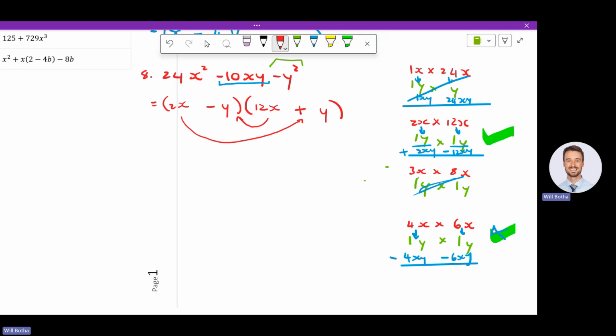And positive 2xy. So if I test this, I'll get negative 12xy, positive 2xy, and that'll give me a middle term of negative 10xy. Fantastic. I get a mark for that bracket, a mark for that bracket.